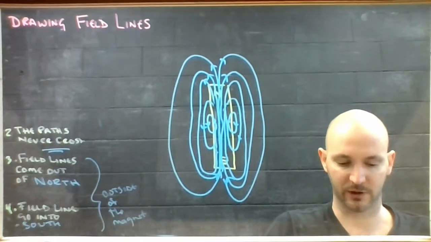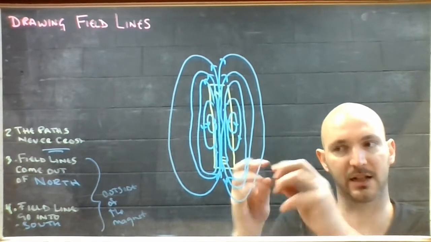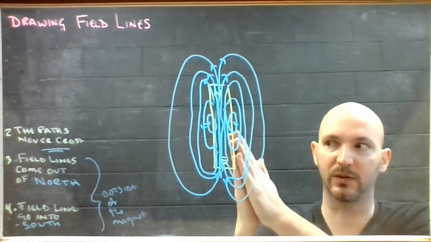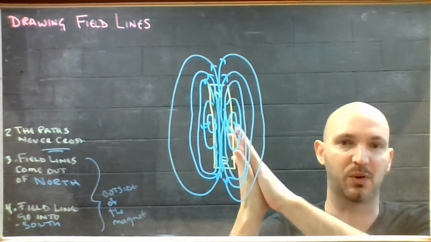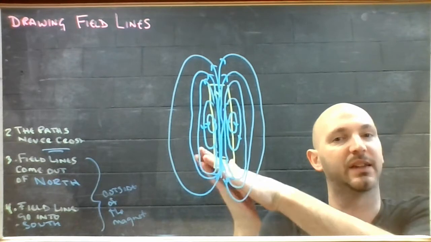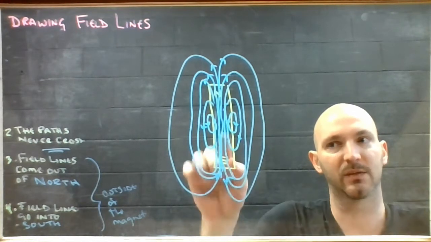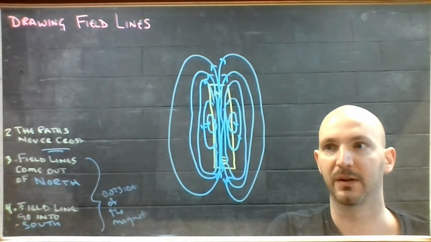Now, if you've ever played with magnets, you maybe have noticed that there's this weird spot in the center of them where if you try to push the two magnets together, they don't like to do it, and they will rotate around that center point. Like that's where it feels like there's a squishy object stuck between those magnets. Well, that's this place here where it transitions from north to south.